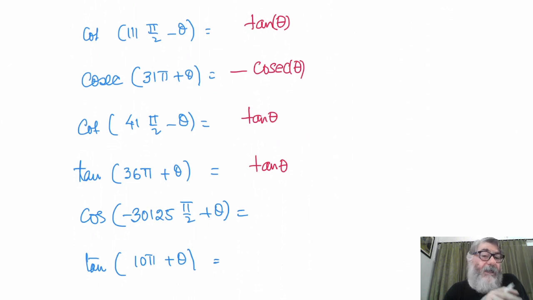But remember, the negative sign is there. If the plus sign were there, one remainder would have given me the value of 30125 pi by 2 along OY. But because the negative sign is there and the remainder is 1, it will come down. It will fall along the fourth line, OY dash, and plus theta will come into the fourth quadrant. In the fourth quadrant, cos is positive.